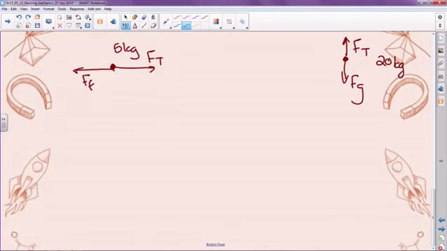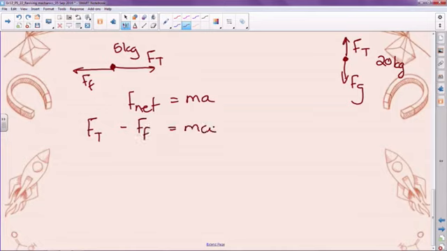Now we need to set up two equations. So F net equals Ma for the 5 kilogram, and the 5 kilogram is going to move to the right, so Ft is bigger than friction. But we didn't know friction, but what we do know is that friction, and in this case it's kinetic friction, is mu k times N, and of course remember that N is going to be equal to Fg.